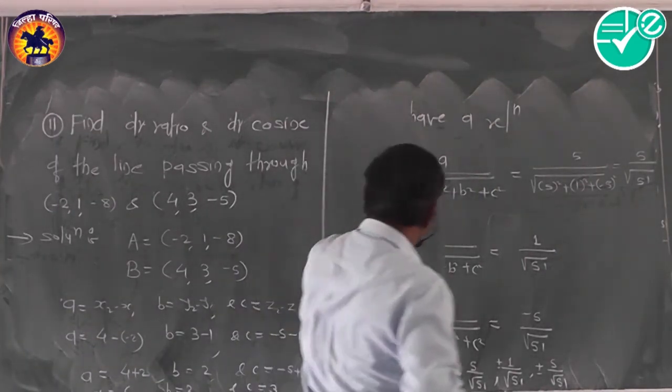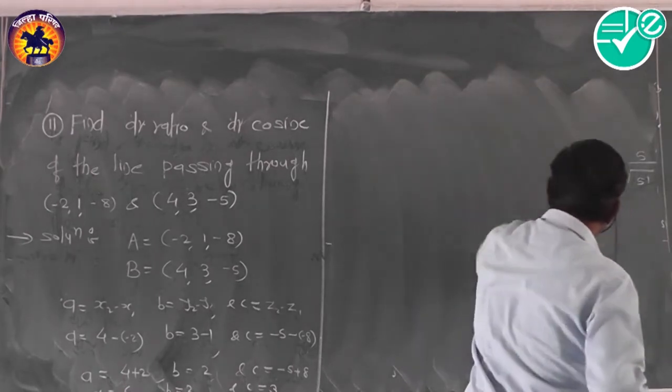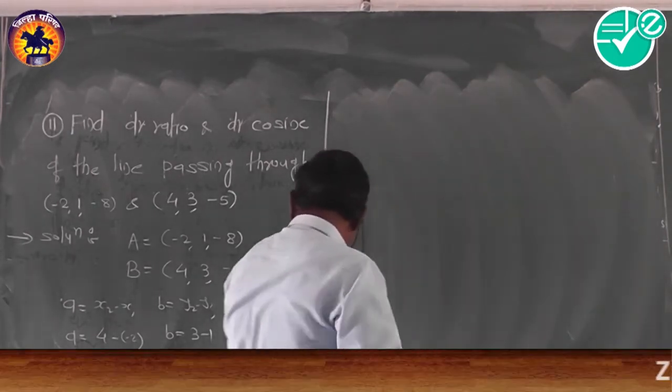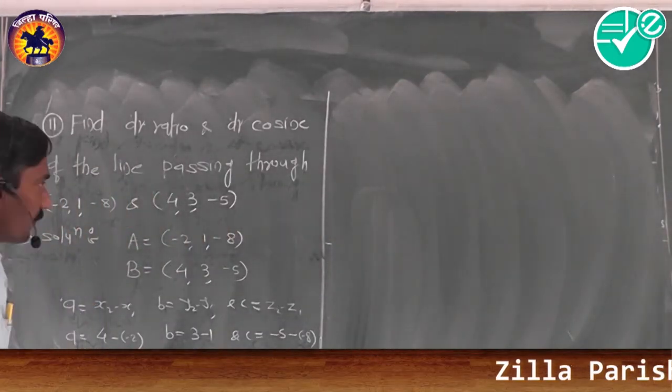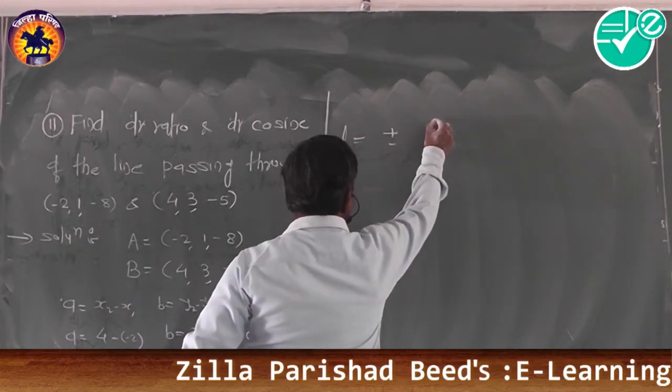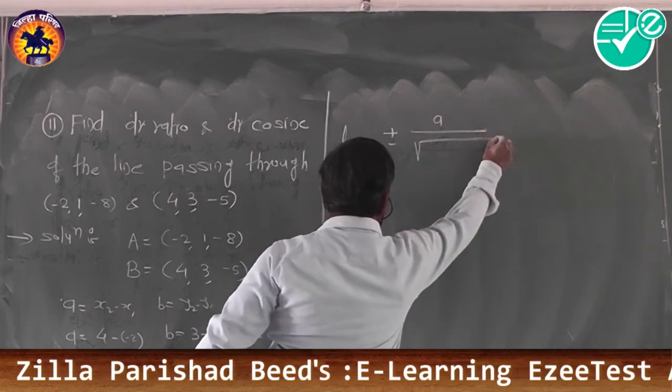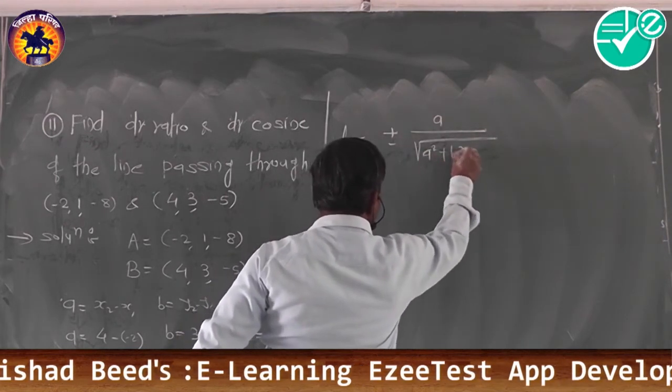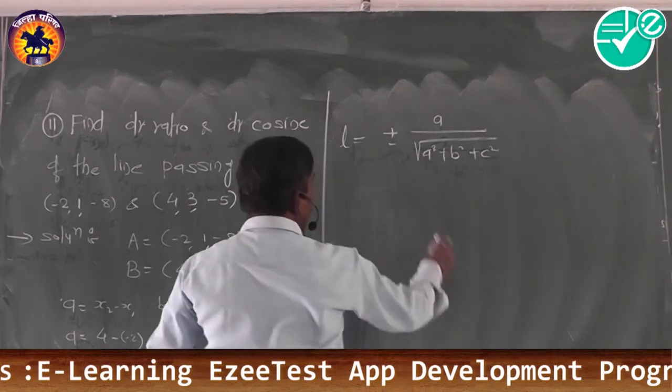Now lastly we find the direction cosines. Very easy. First we write l is equal to A divided by under root A square plus B square plus C square.